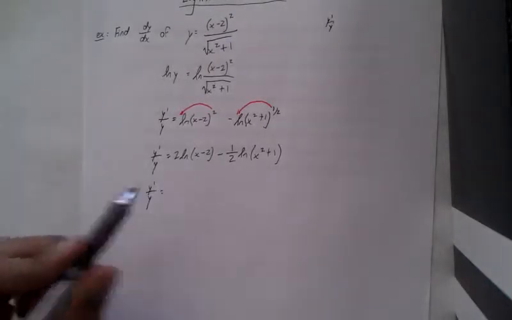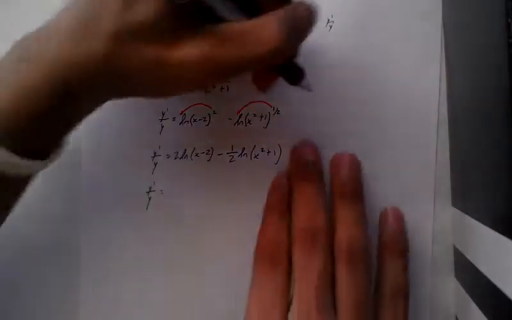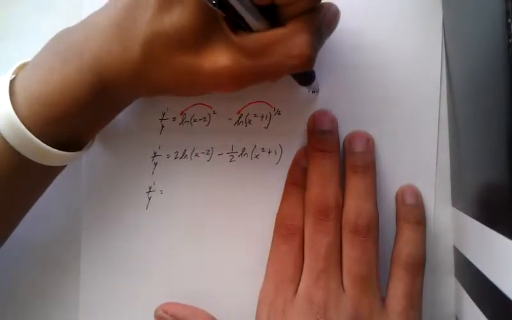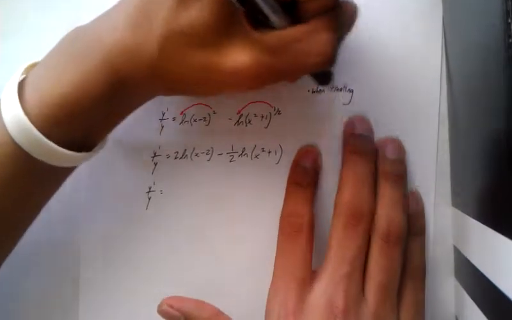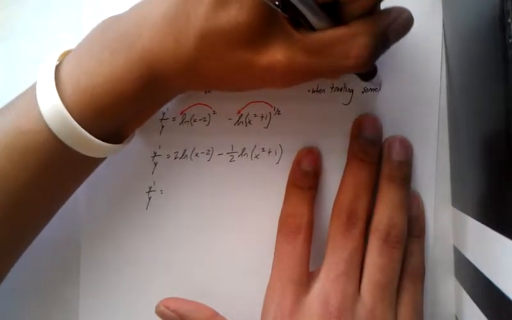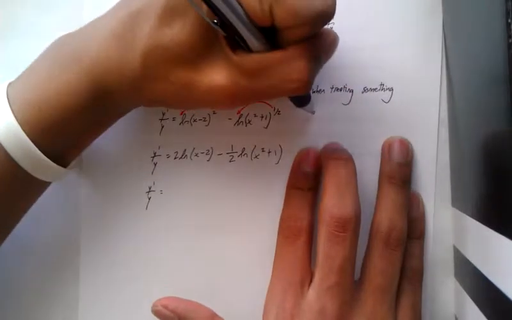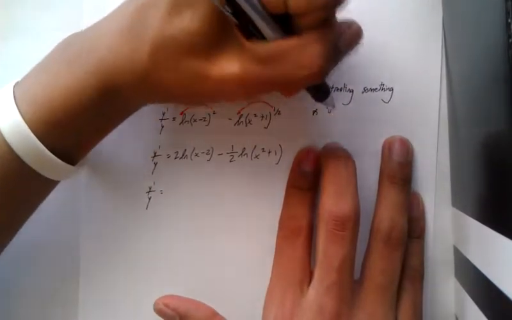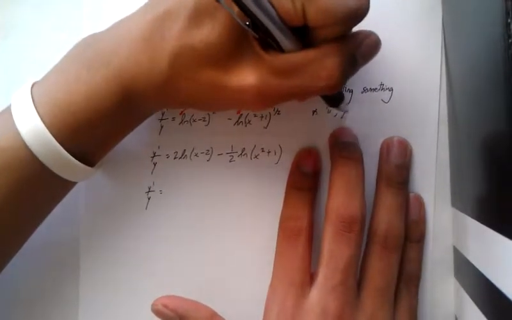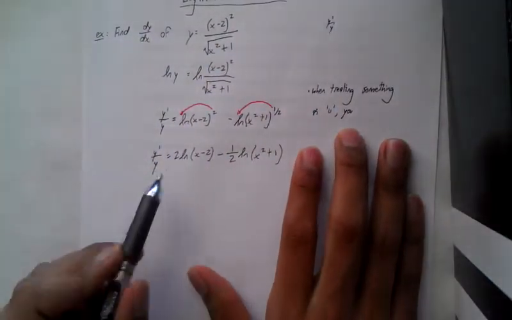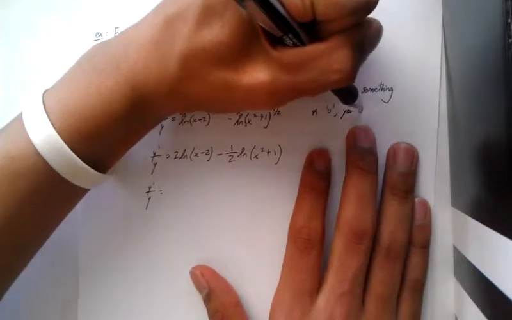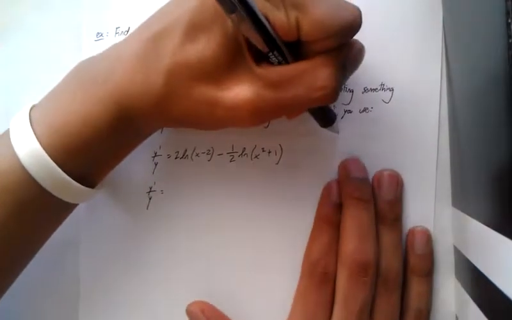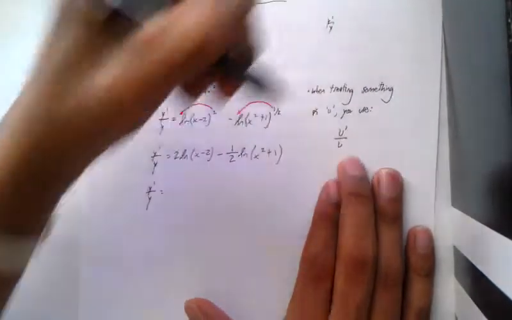So remember that when treating something as a u, and you've got that natural log in front of it, you use u prime over u.